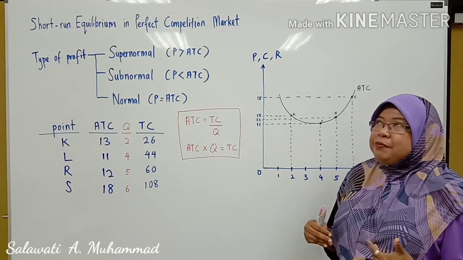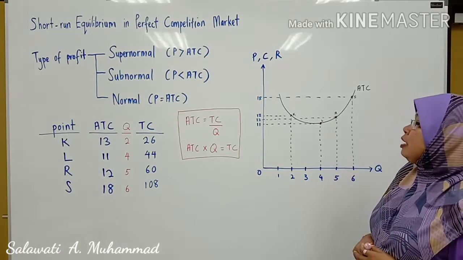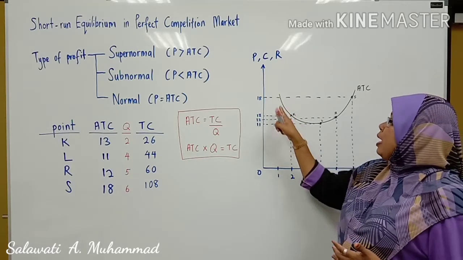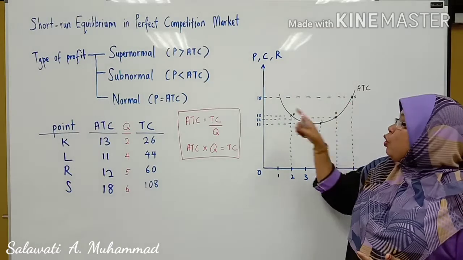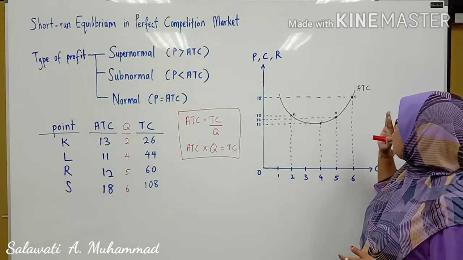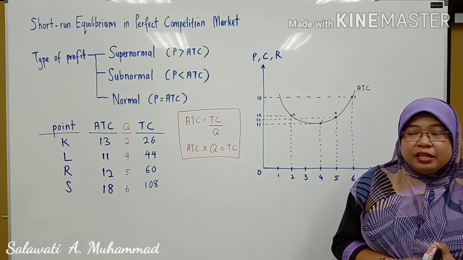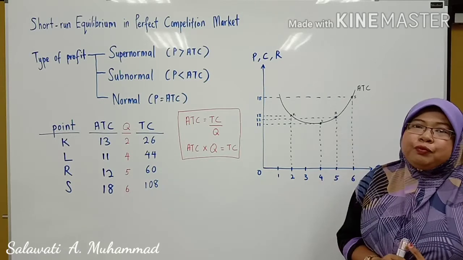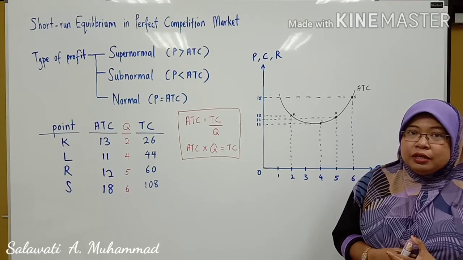When we are given data, we plot each point onto graph paper. We will get points K, L, R, and also S. We combine all those points, so we create the average total cost curve, the ATC curve. From the ATC curve, we can find the amount of total cost.